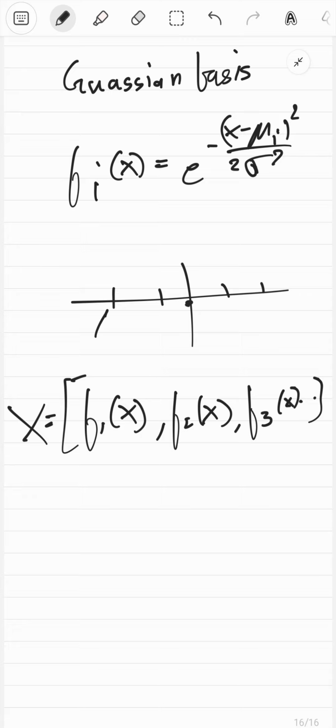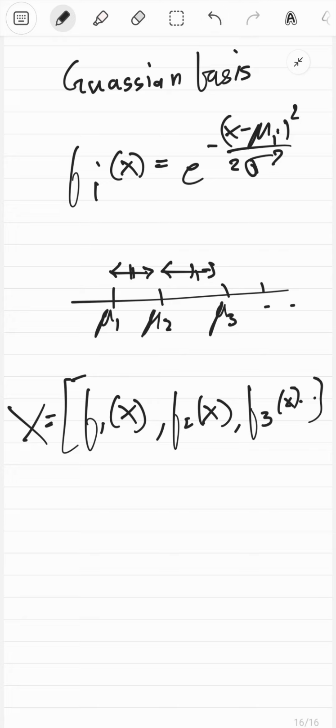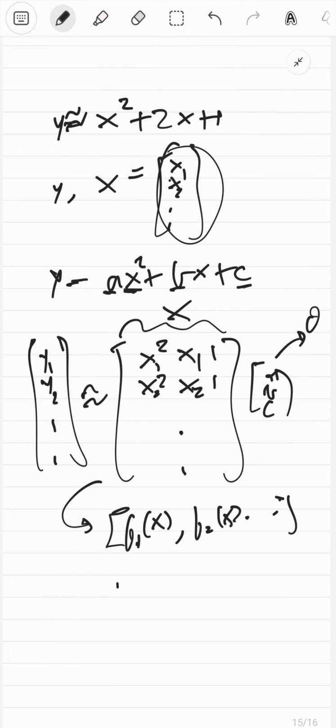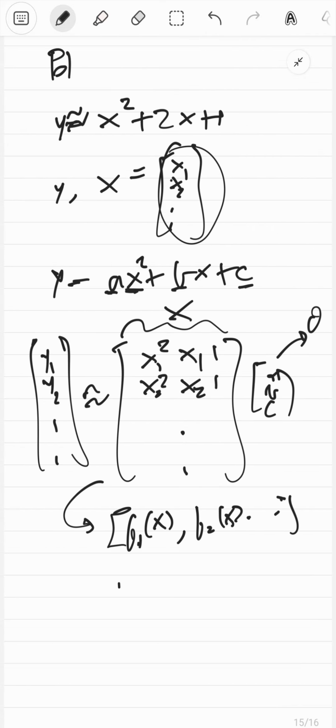So mu i is just mu1, mu2, and so on, and these are equally spaced, so these lengths are identical. And this thing is a hyperparameter. That's the Gaussian basis, and this is a polynomial basis.